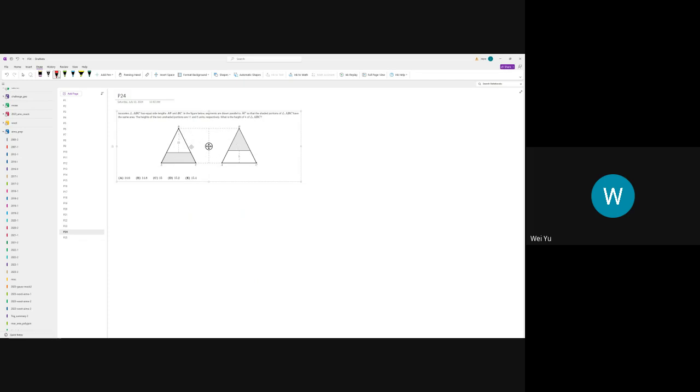Okay, so we're going to label some of these parts. So we'll label this part A, this part B, and this part C. So suppose that D is equal to the whole triangle.